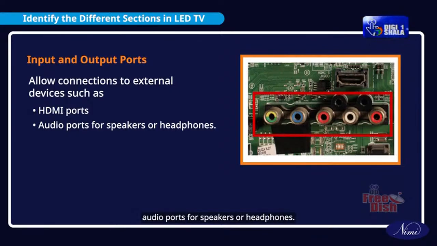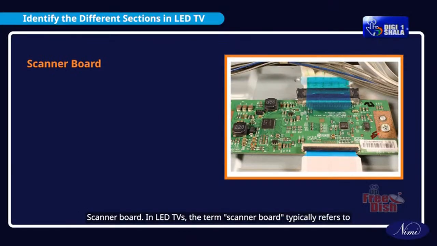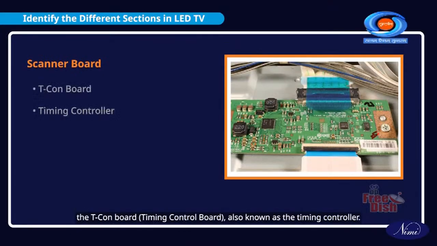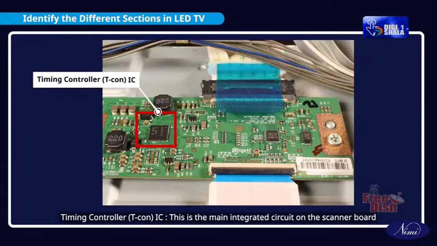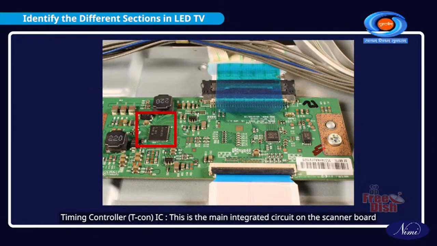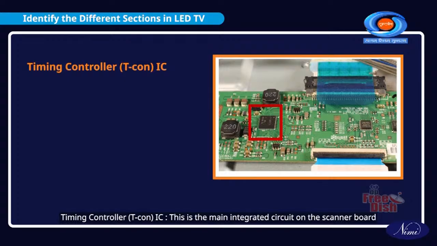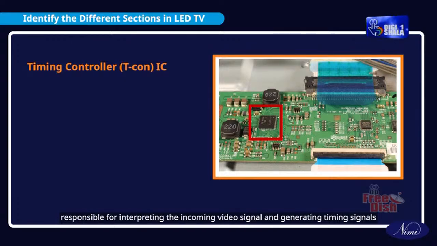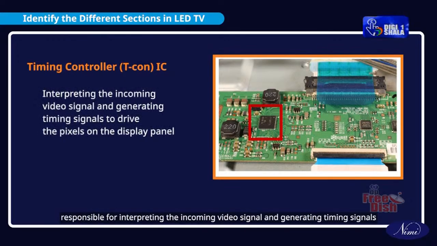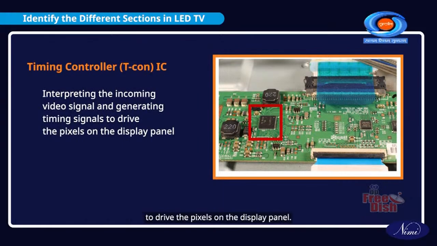Scanner board. In LED TVs, the term scanner board typically refers to the T-con board (timing control board), also known as the timing controller. Timing controller T-con IC. This is the main integrated circuit on the scanner board responsible for interpreting the incoming video signal and generating timing signals to drive the pixels on the display panel.